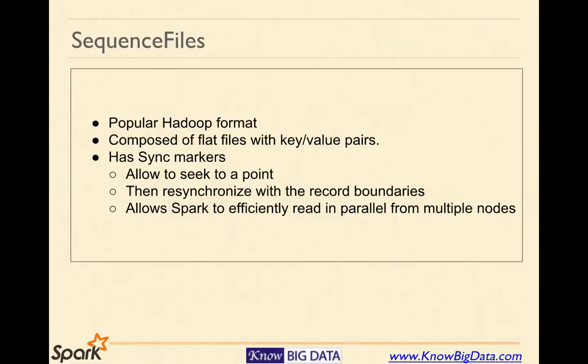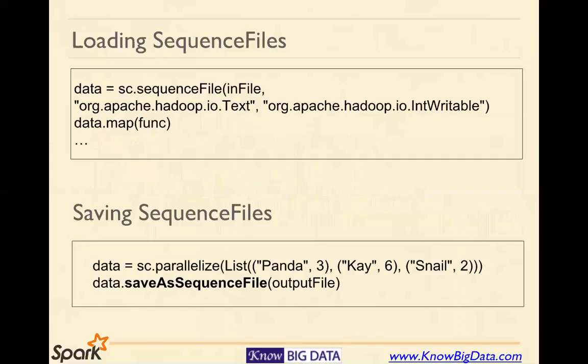It allows Spark to read data in parallel from multiple nodes very easily, taking advantage of data locality. You can simply say sc.sequenceFile and load the data in sequence file format, or you can load the data from a text file. After parsing or processing it, you can save the data as a sequence file.